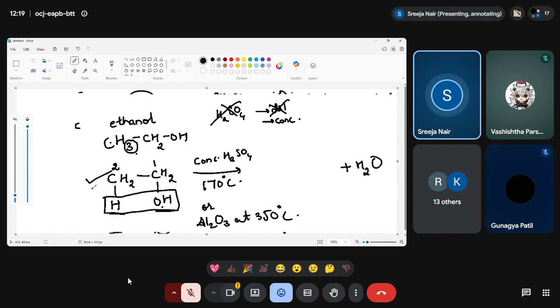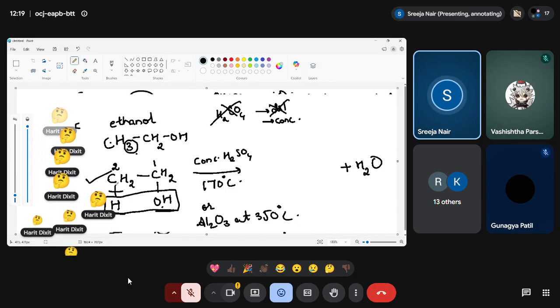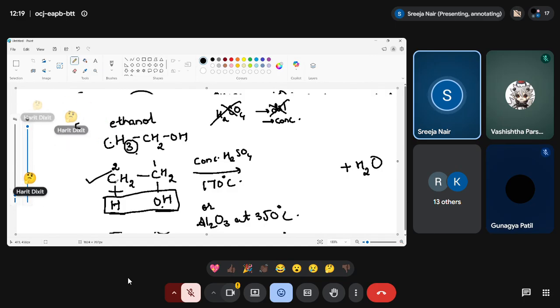Now what is left? When the bond between carbon and hydrogen breaks, this carbon is left with one electron. Breaking of the bond between carbon and oxygen also leaves this carbon with one electron. So these electrons will combine to form CH2=CH2.